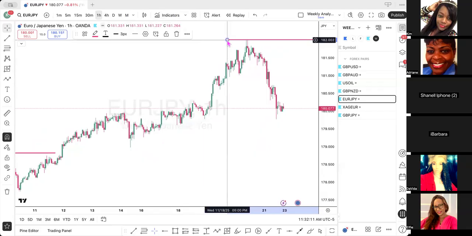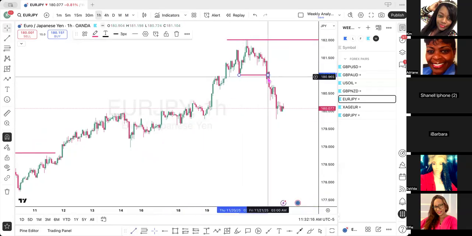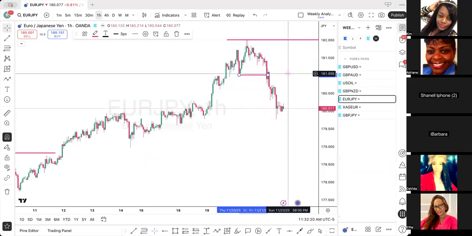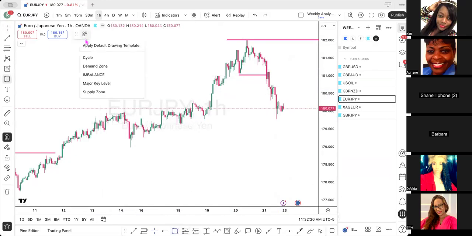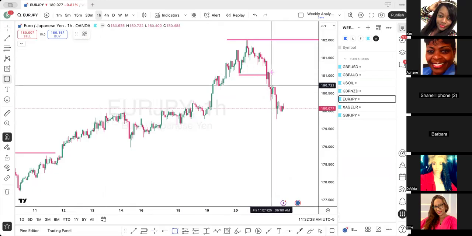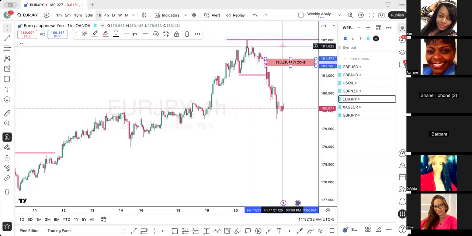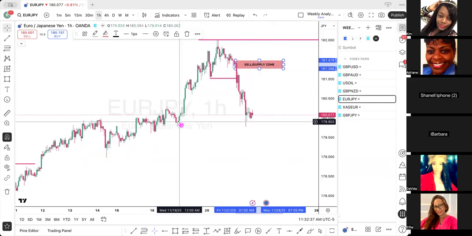All right. So we have this shift in structure here. So price should be pulling back somewhere into the supply zone here, somewhere back into the supply zone at some point.